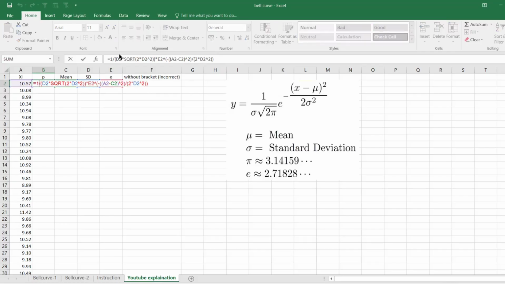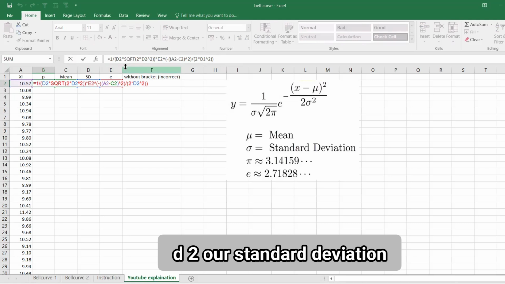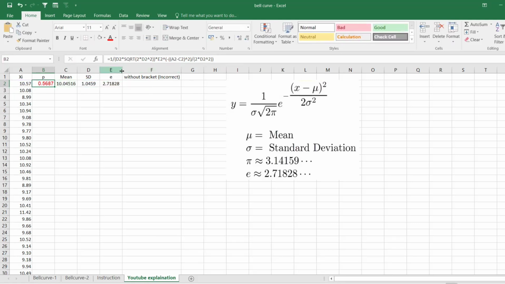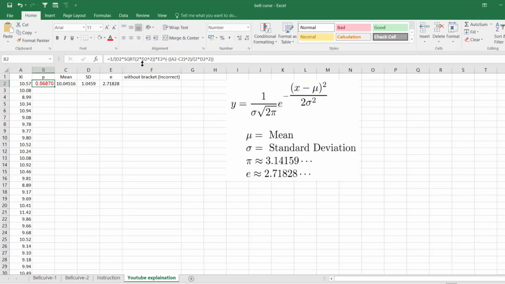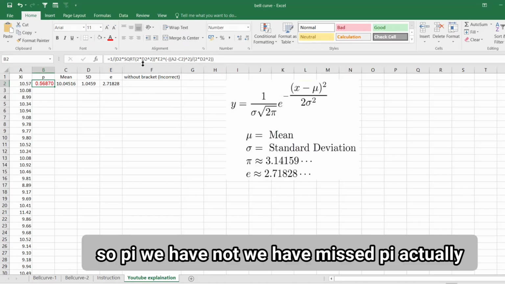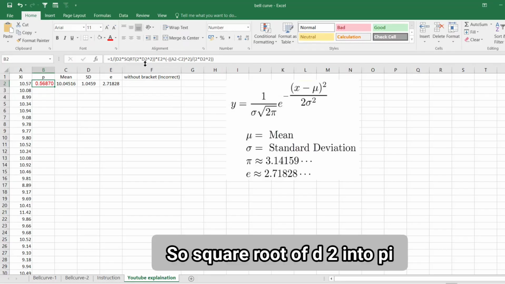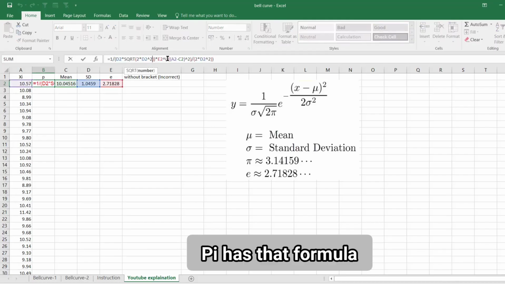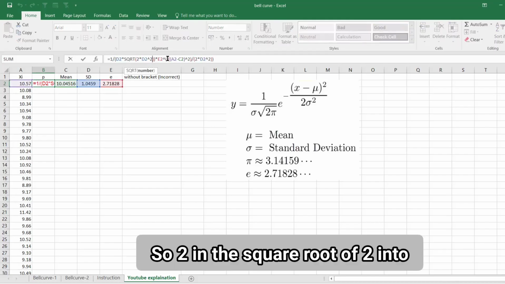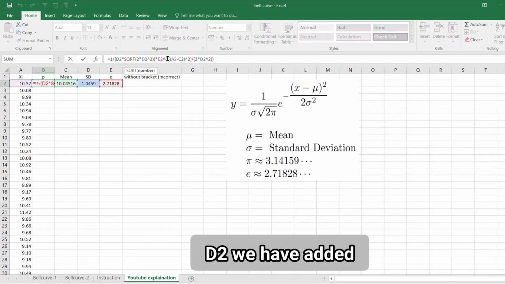So 1 over D2, where D2 is our standard deviation. Okay, one second. Yes, D2 is our standard deviation, square root of 2 times pi. We have missed pi, actually. So square root of D2 into pi. Pi has that formula. So 2 in square root of 2 times D2, we have added.